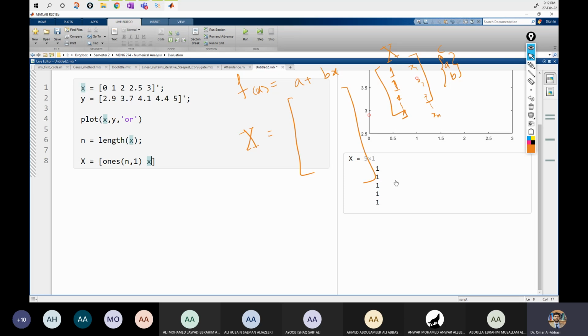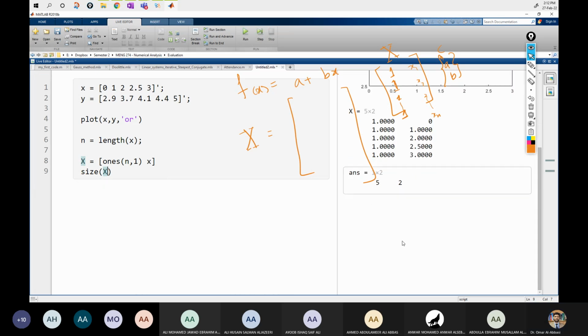So basically, it is the small x. It is basically this x vector, x column. If you run that command, that is the 1, 1, 1, 1, 1, and this is the x vector. Can you see that? And the size of X capital is 5 by 2, which is n by 2.